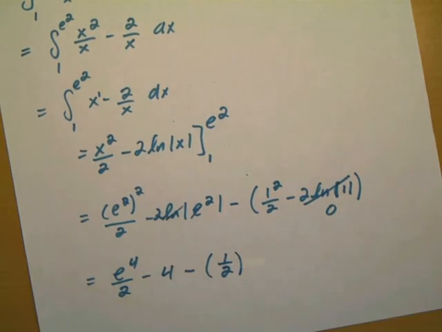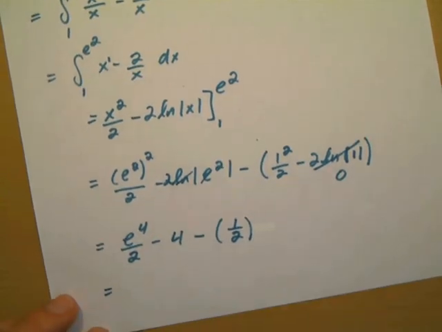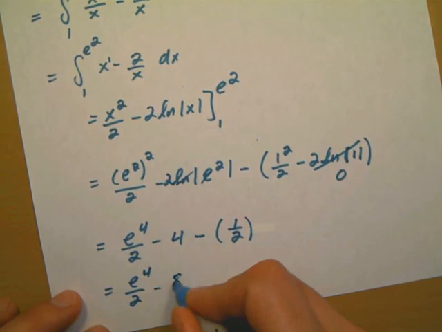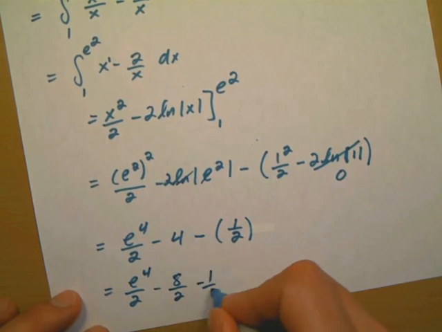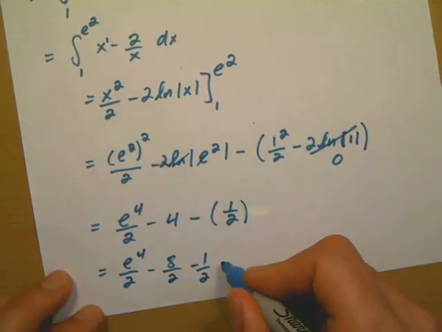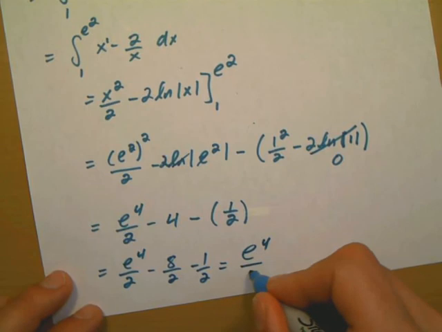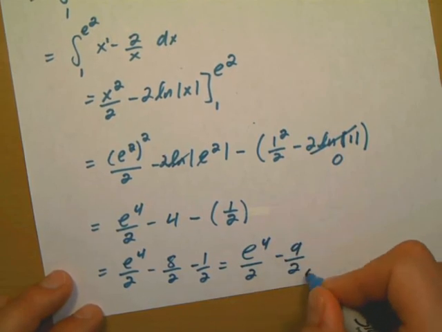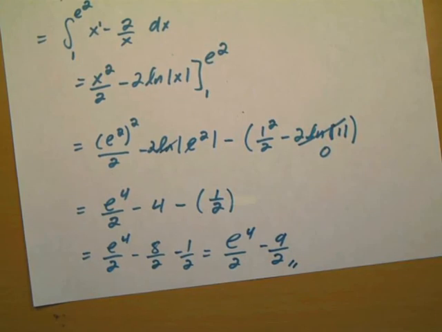So last little bit, I guess I can simplify and find common denominators, and this is going to be e to the 4th all over 2 minus 8 over 2 minus 1 over 2, and that's going to be e to the 4th all over 2 minus 9 over 2, and that is my answer.